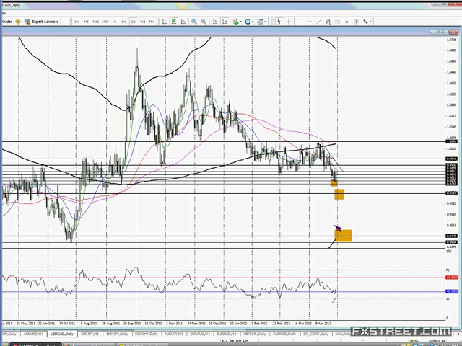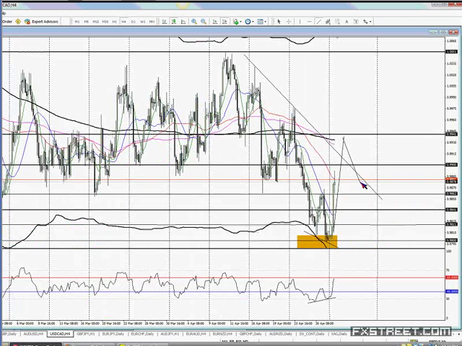And then if there's a failure to the downside, and it continues like that, respects these pivots here as support, then we're back into the ranging mode, and we could be heading towards 1.0050.